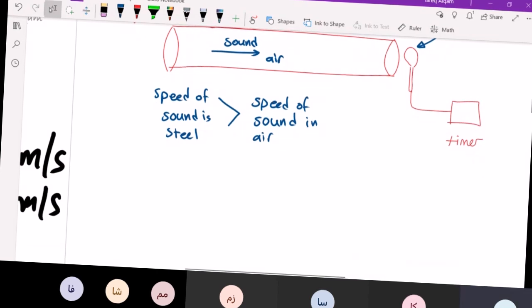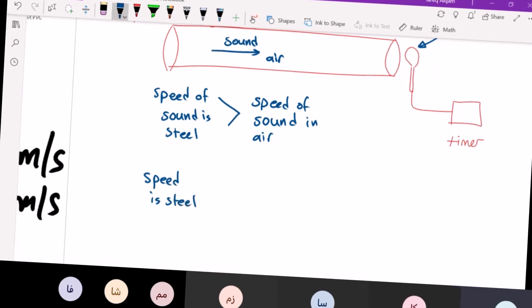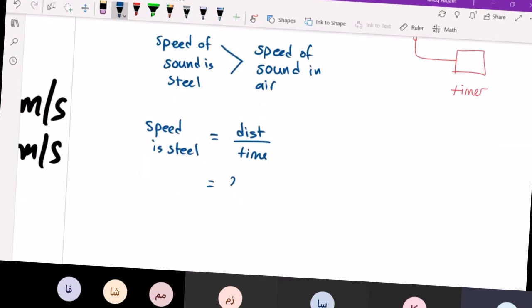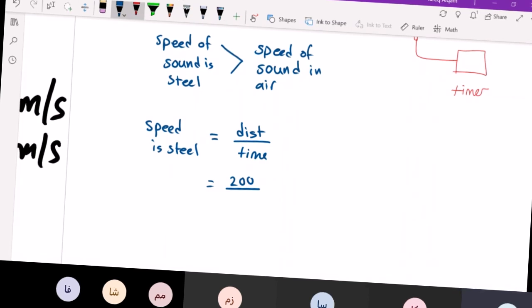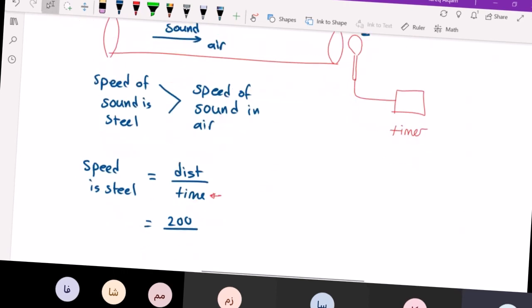Now we are asked about the speed of sound in steel. Speed of sound in steel equals distance over time. The distance is given, 200, but we have to find first of all the time.